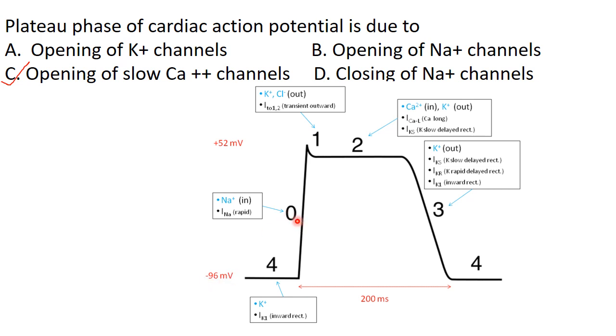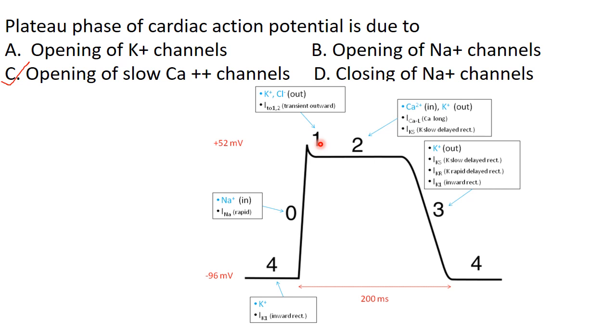Then comes phase 0. Here, depolarization to approximately plus 52 mV due to Na plus influx via fast sodium channels. That is at phase 0. Then comes phase 1, that is this. Partial repolarization due to closure of fast sodium channels and efflux of potassium and chloride ions. That is, chloride and potassium ions go out.